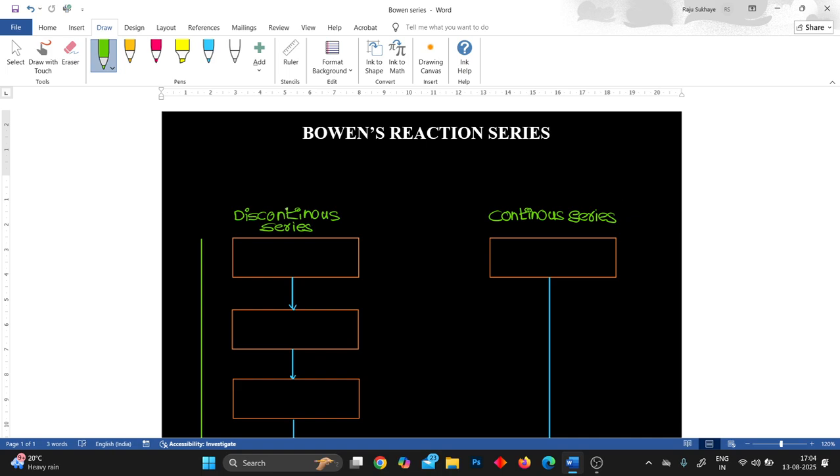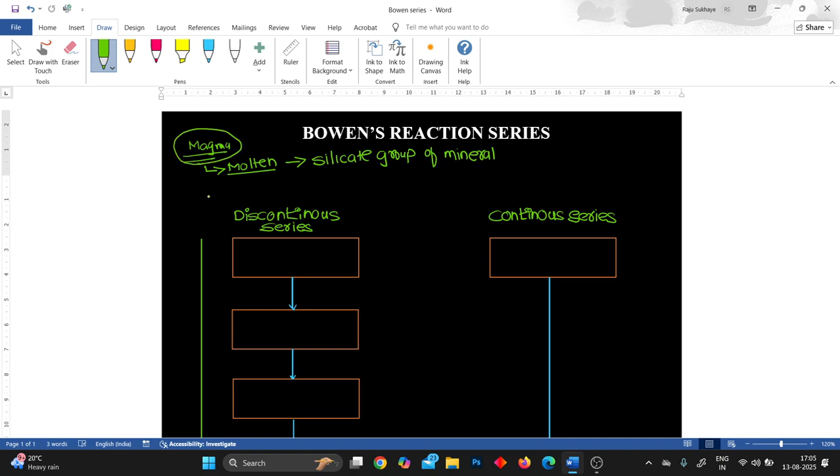Okay, so the magma will be in the molten state, but it will consist of all the silicate group of minerals that are present in this particular magma.